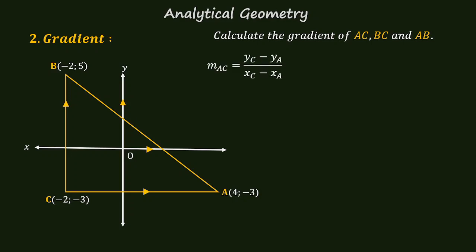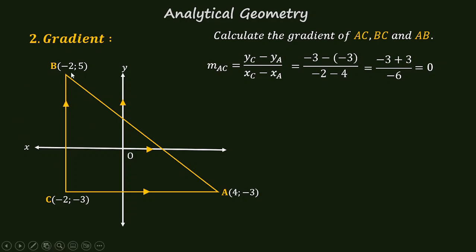We can show that with calculations. This will always be true. If a straight line is parallel to the x-axis, its gradient will always be 0, because the change in the value of y is always 0.